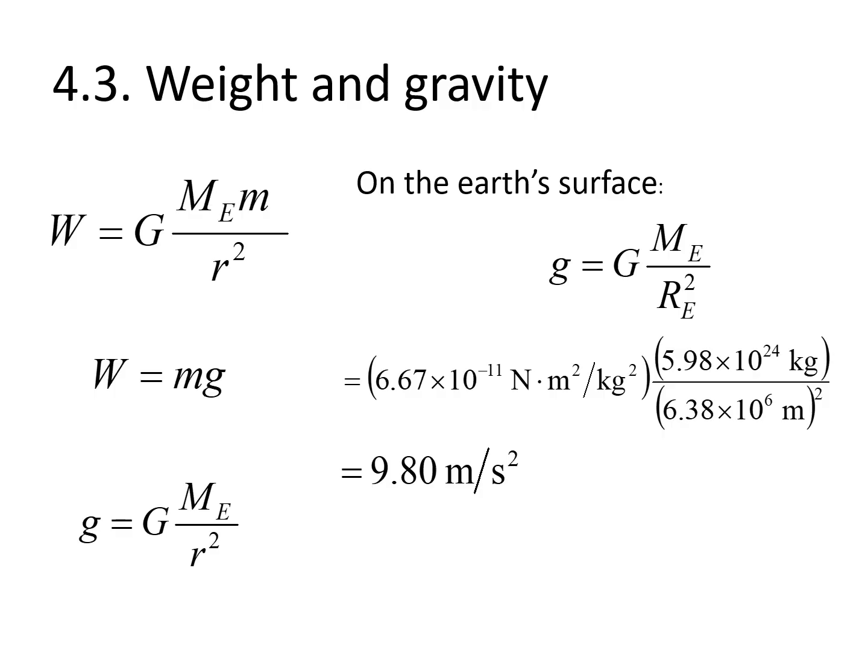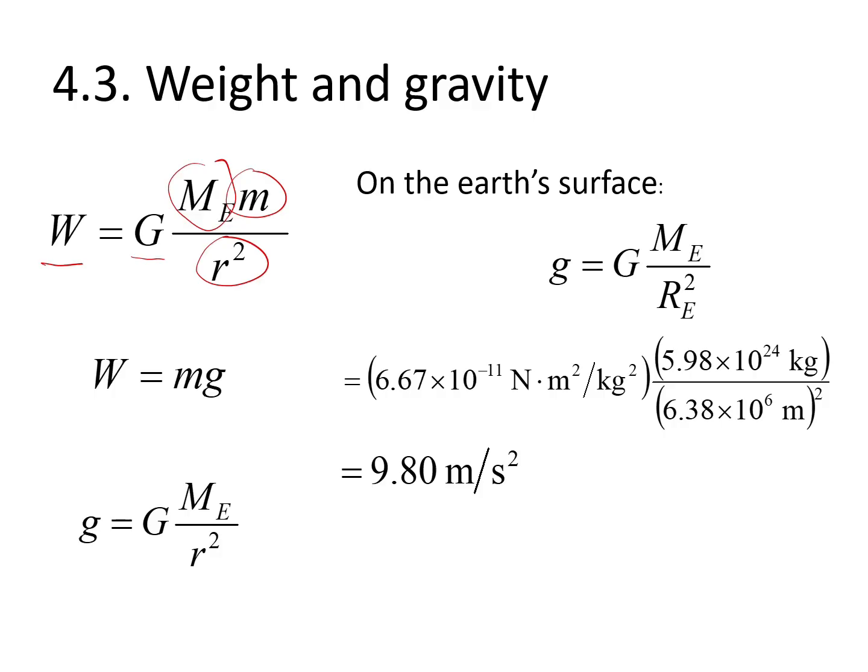If an object of mass m is near Earth, the gravitational force between Earth and the object is given by W equals the universal gravitational constant times the mass of the Earth times the mass of the object divided by r squared, and here r is the distance from Earth's center to the object.